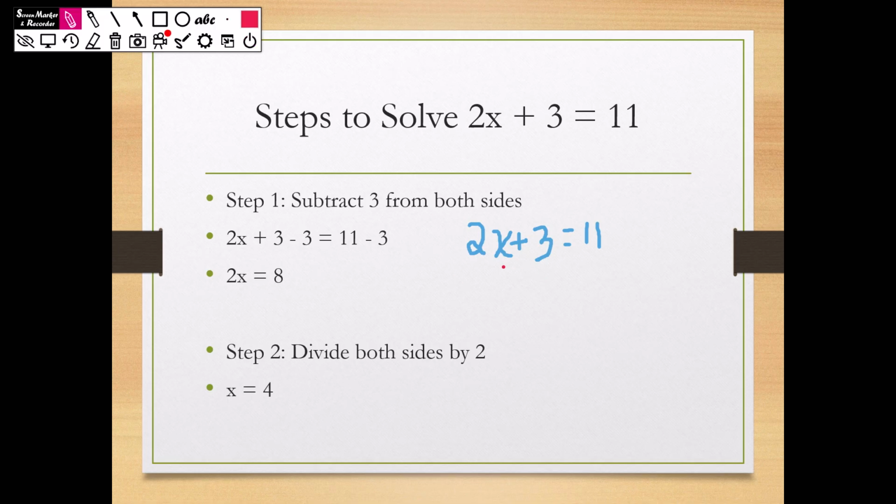Here, let's check the elements that we have. We have 2x, it contains an unknown, right? x here is an unknown. We also have 3. 3 is a number, so we will think about moving it to this side. But how can we do this?